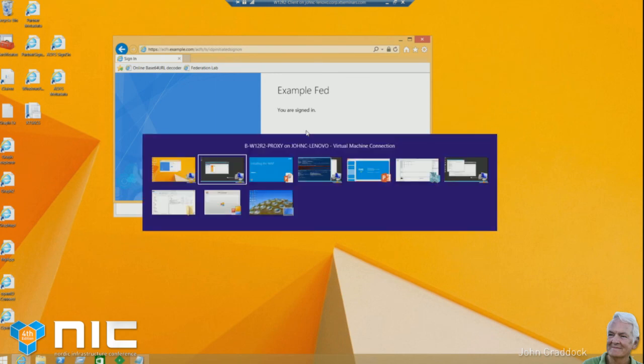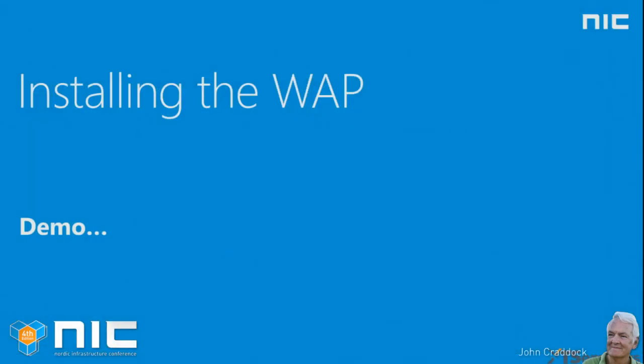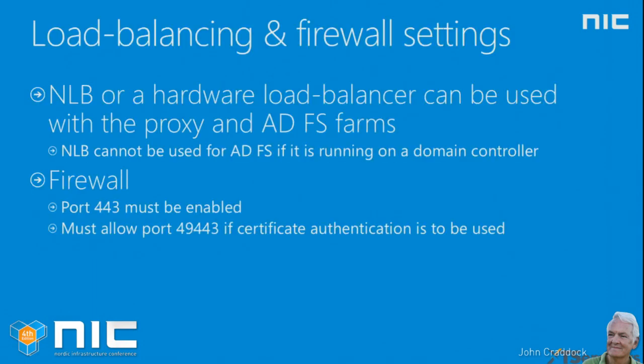Okay, let's just go back. And in terms of load balancing and firewall settings, you can use NLB if you want to. If you decide you're going to deploy this onto a domain controller, you can't use NLB. I wouldn't recommend putting it on a domain controller except in a test environment.